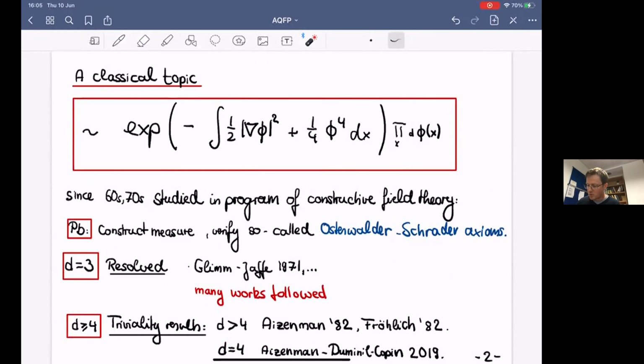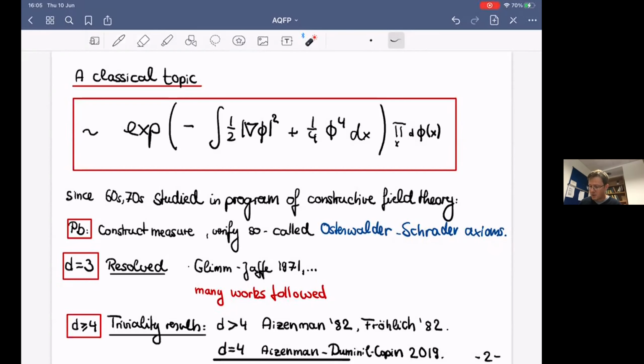I'm certainly not trying to give an overview of the literature, because that would take a long time. But just to say, there's this classical problem to even make sense of this measure and to check that it satisfies the set of Osterwalder-Schrader axioms, which is the minimal set of properties that it should have to give rise to a sensible quantum field theory.